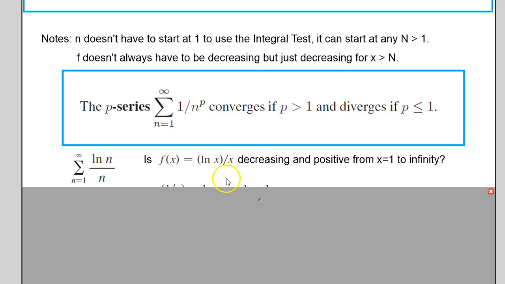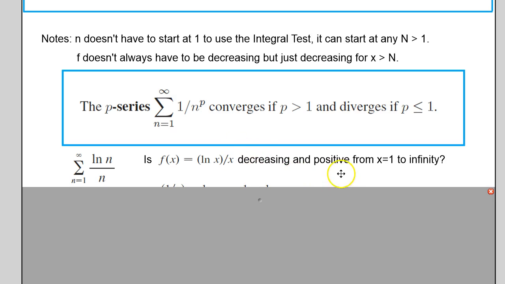Well, of course we know that it's always going to be positive because the natural log of x is positive from x equals 1 to infinity, as well as natural log of x over x. Second thing is we do know that it's continuous because the domain that we're looking at does not include 0, so we're good.